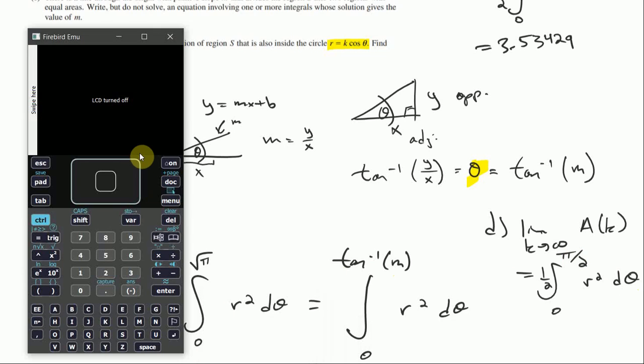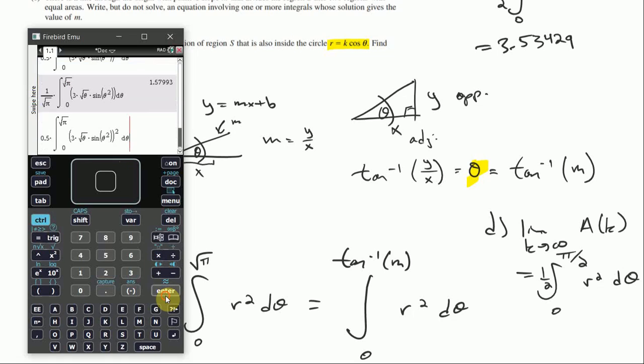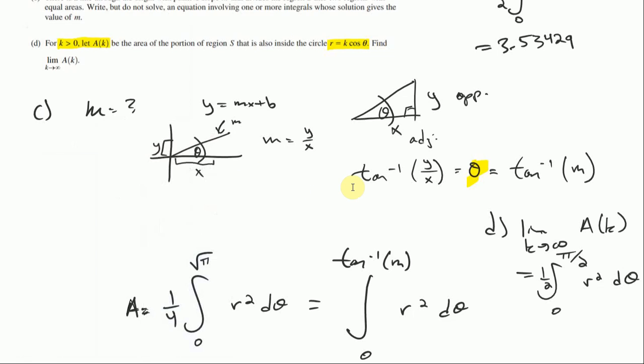We can just go back here, up a little bit, and going back over to here. So instead of saying add pi, all we're going to do is say pi over 2. That should give us our answer, 3.32447. There we go. All done.